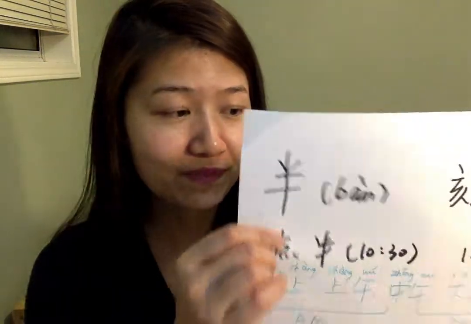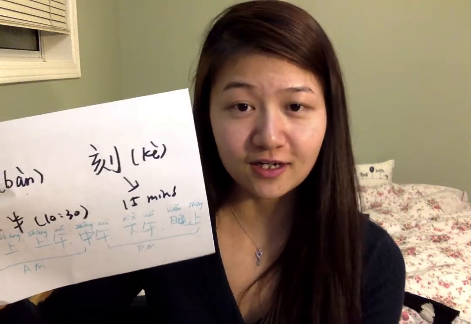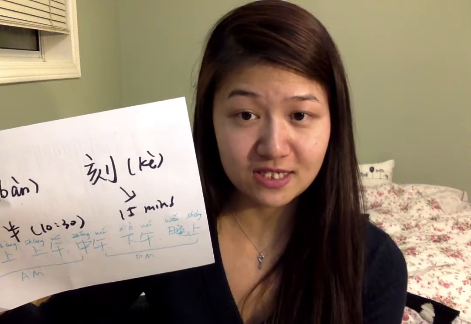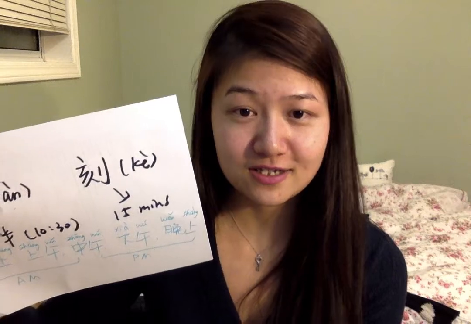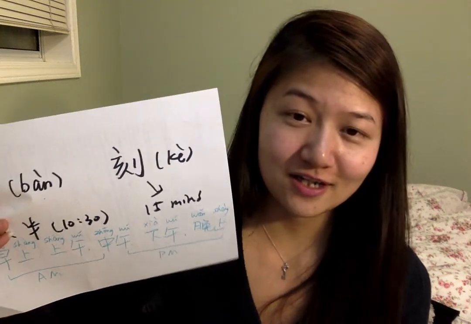And then 15 minutes in Chinese, we can say 刻. Okay, 一刻 means 15 minutes. 三刻 is 45 minutes. So 两刻 is 30 minutes, right? So we directly use 半 rather than say 两刻. So 一刻, 三刻.